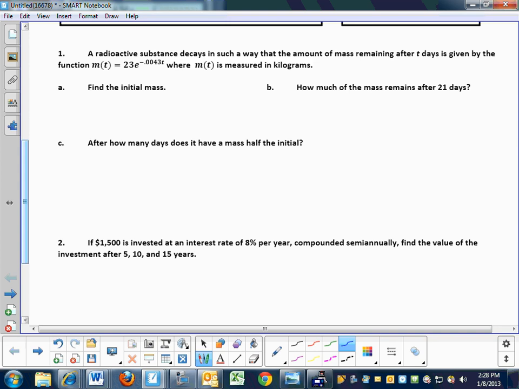Initial mass. Initial mass is going to occur at what time? What time do we have initial mass? Time 0. So if you want to find the initial mass, take m of 0.